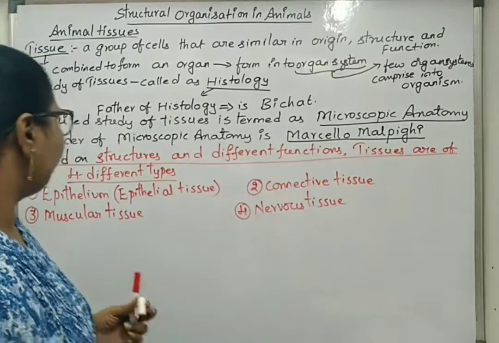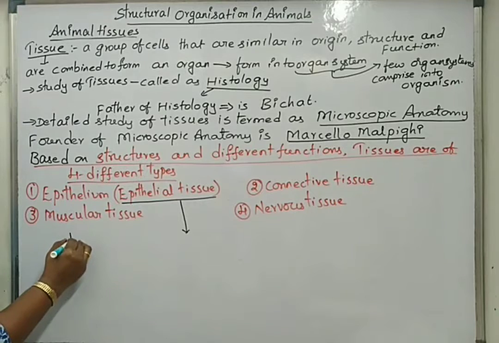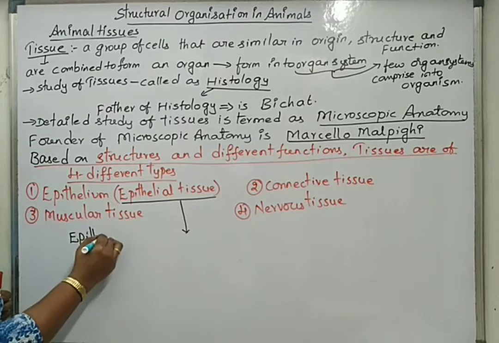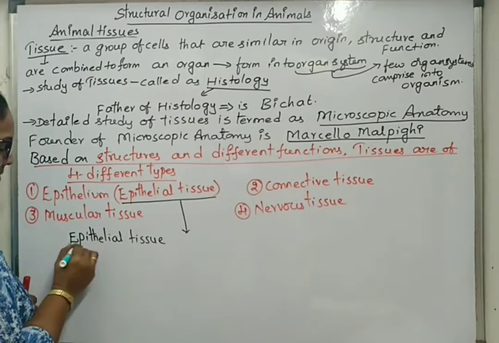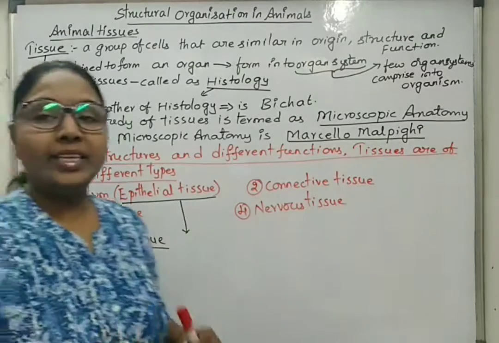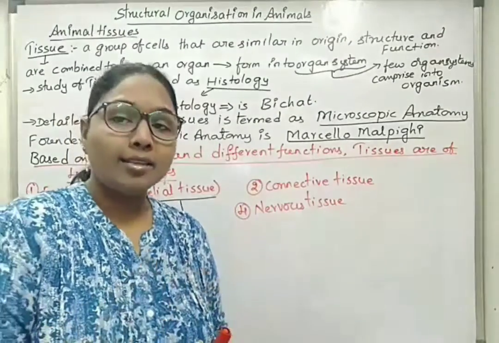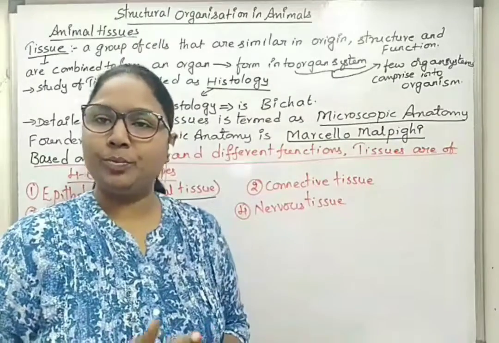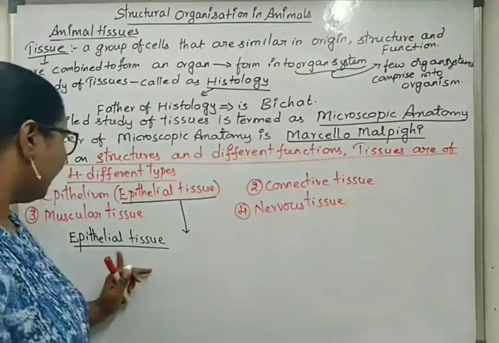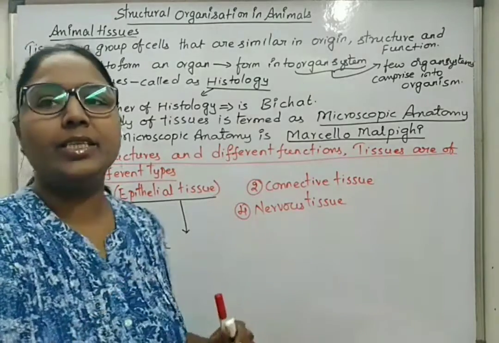Coming to the first one, epithelial tissue. Epithelial tissue is the tissue which is arranged on other tissue, because here the epithelium is located on connective tissue.